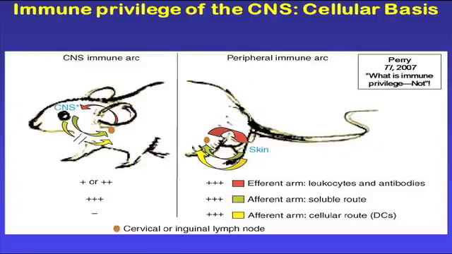There's no cell within the brain that will engulf a pathogen, leave the brain, and go to a lymph node to tell the rest of the immune system that something is wrong. That's the basis of immune privilege of the central nervous system. It's the absence of dendritic cells in the central nervous system.